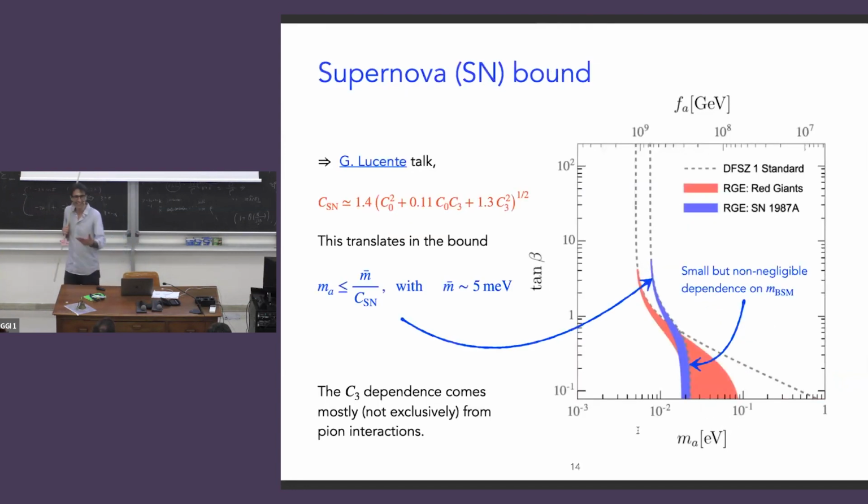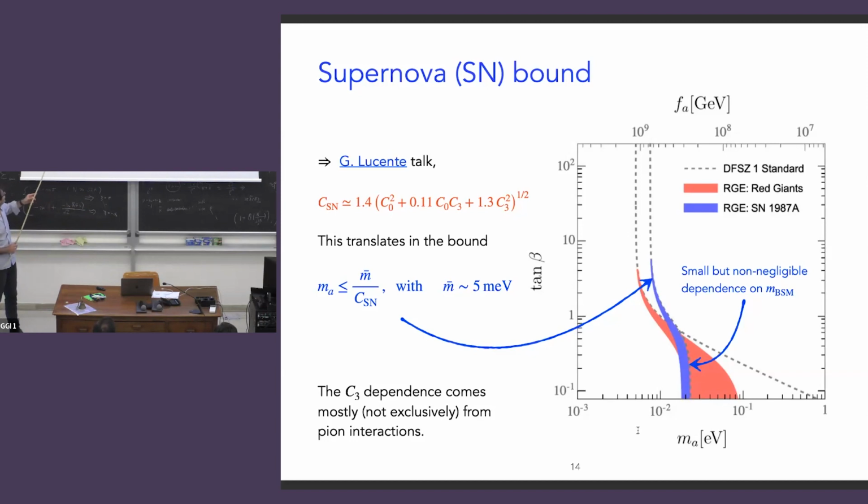Then, to connect to Giuseppe's talk, because he also gave a talk, so I didn't want to disappoint him, I presented also the bound from supernova. The bound from supernova depends on the coupling to nucleons, and according to the latest paper, which actually came out yesterday, the revision with this formula. It's not quite this formula, but essentially this formula.